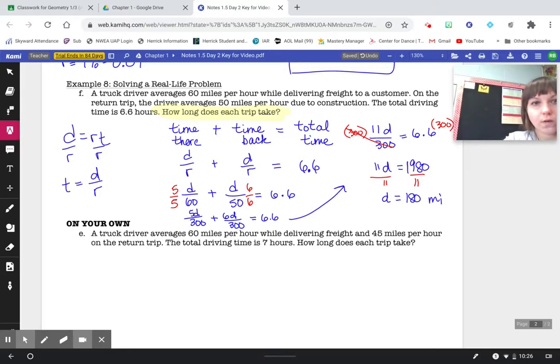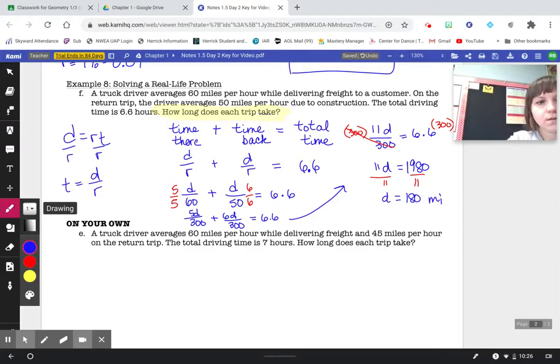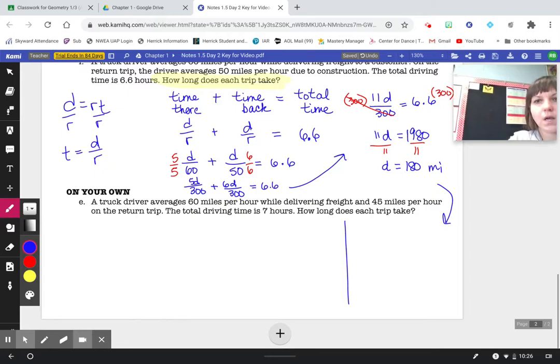Okay, no problem. We can figure that out because when we go there, and I'll take a little bit of room from this other problem. Our trip there, the time is going to be our distance, which is 180 miles, divided by our rate. And there we average 60 miles per hour. So when you divide 180 divided by 60, you end up with 3 hours.